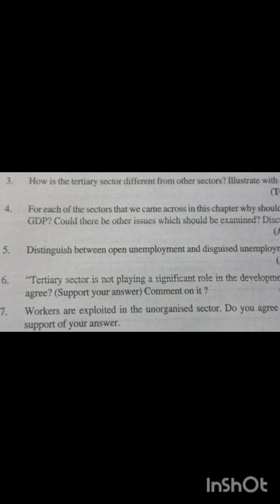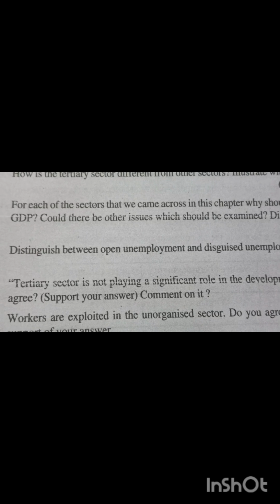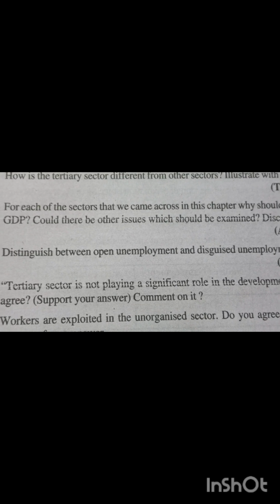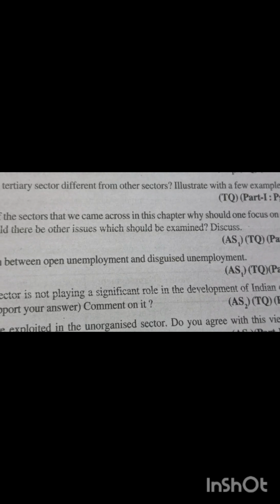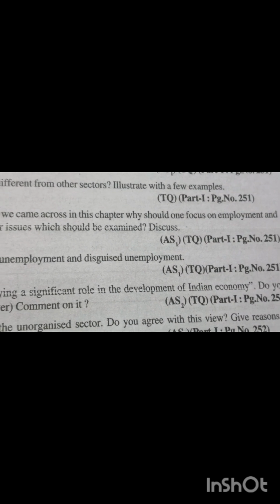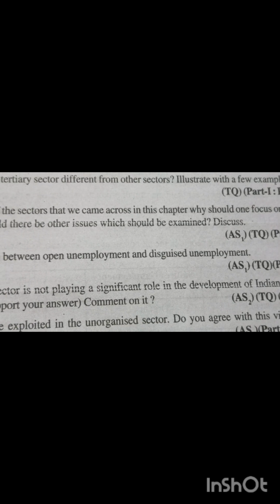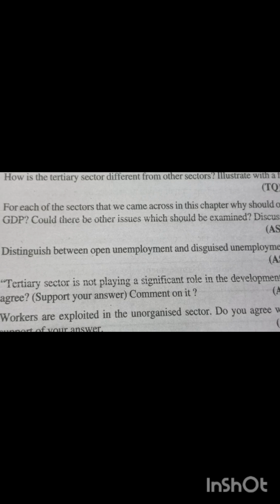Fourth one, for each of the sectors that we came across in this chapter, why should one focus on employment and GDP?